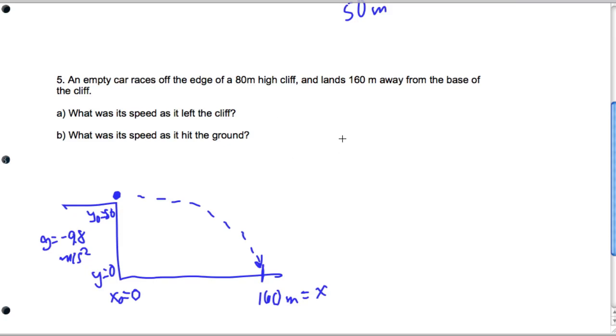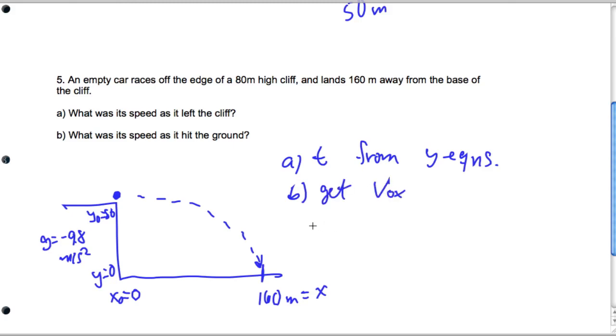So here's the deal. Get the hang time from the y equations. Use this to get the x. So this is your suggestion. Get the hang time from the y equations, get v naught x, and then get v naught y as well.